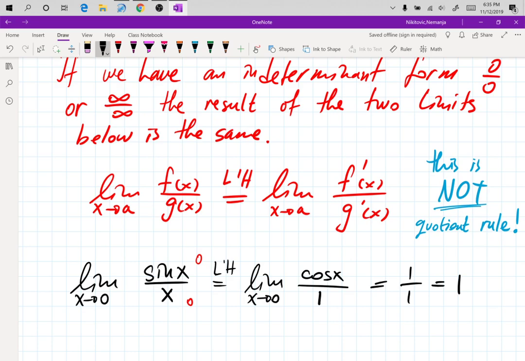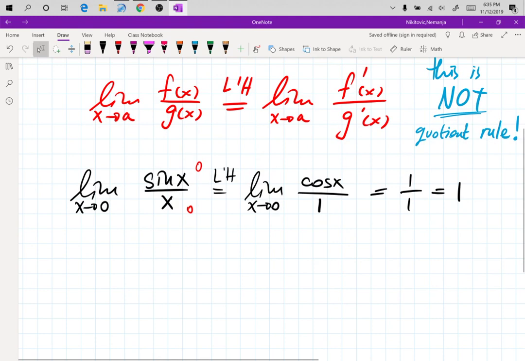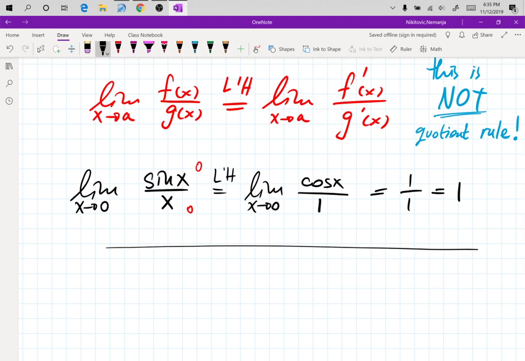Great. So now we have this limit, and we can immediately take a look at another limit from our past life to sort out the same way.